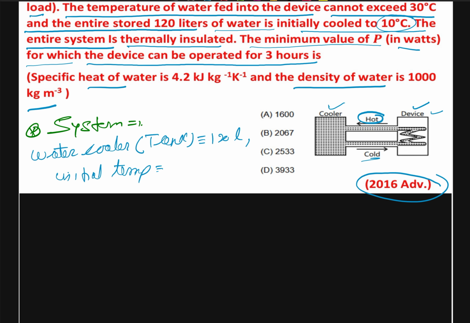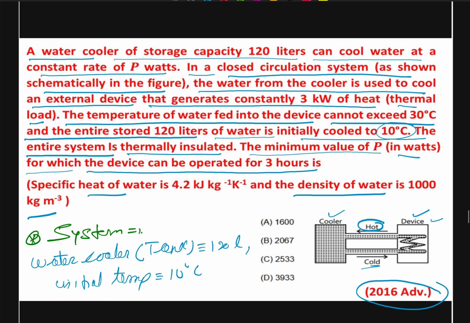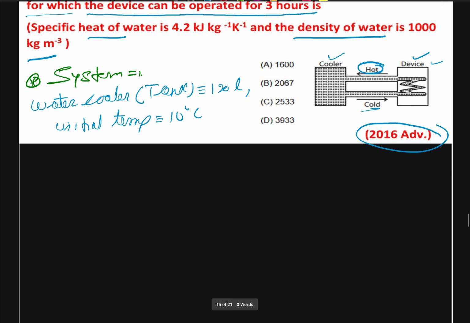Because it is given that it cools the water at a constant rate of P watts, we can say cooling power is P watts.